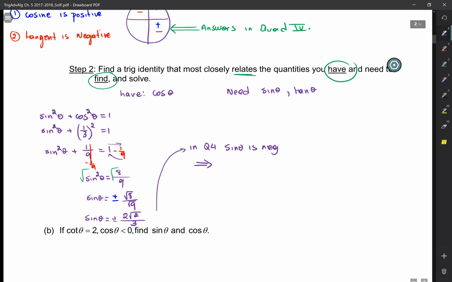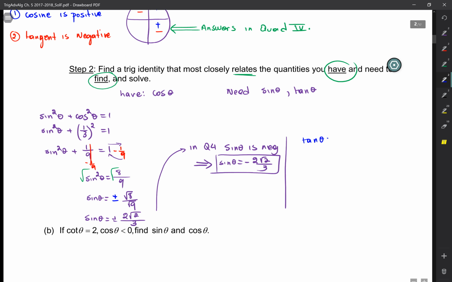That means, you know how we said plus or minus 2 root 2 over 3? It's going to be negative 2 root 2 over 3. So sine of theta is negative 2 root 2 over 3. Okay, awesome. We just found sine of theta. What else do we need to find? Tangent.